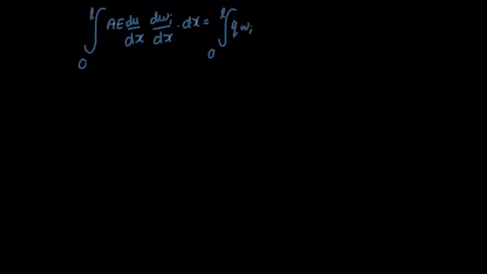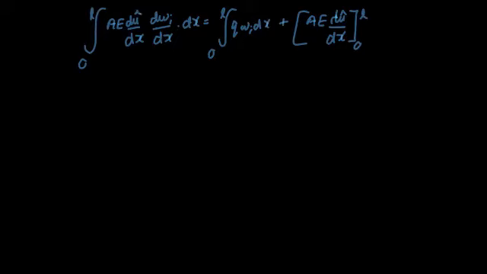It is integral of AE into du over dx into dwi over dx into dx is equal to integral over the limit 0 to L, q into wi into dx plus AE into du cap over dx over the limit 0 to L. I missed a cap over here. It means that you have assumed a trial solution over there.